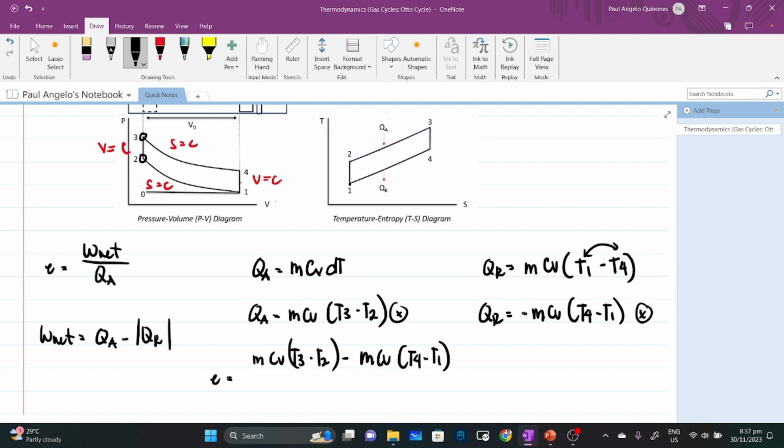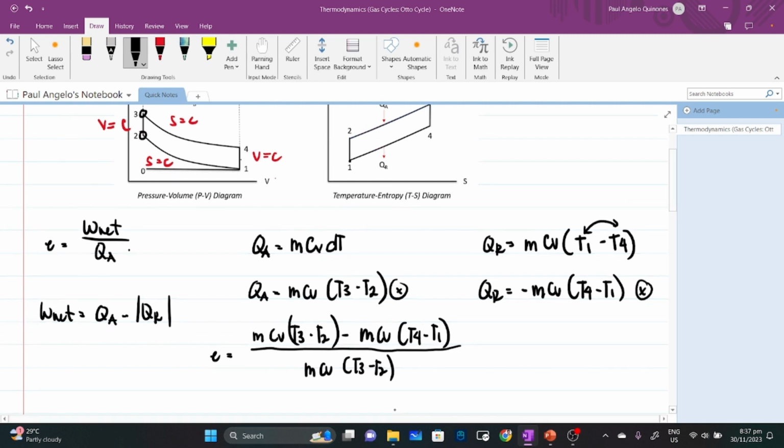Why is it still negative? Because we just get the absolute value of this one; we neglect the negative sign. Over QA, which is heat added, which is MCV T3 minus T2.